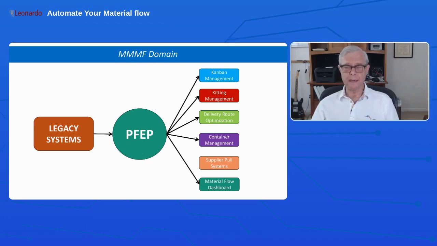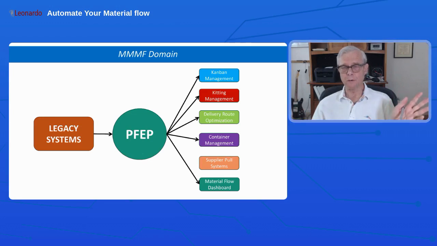The reason is it reduces radically the amount of material you need to store on the line. It can reduce errors, and it makes the work of the operators more efficient because they don't have to look for parts or retrieve material. It's delivered to them directly in a tray or in other formats.